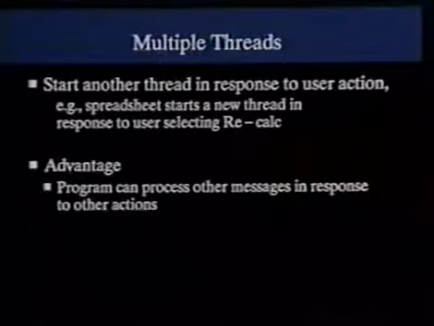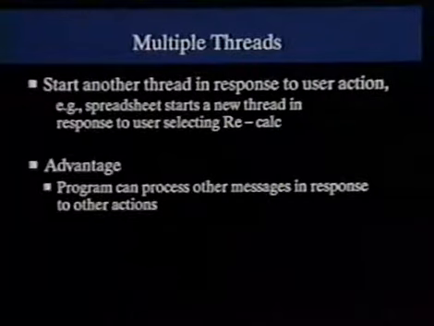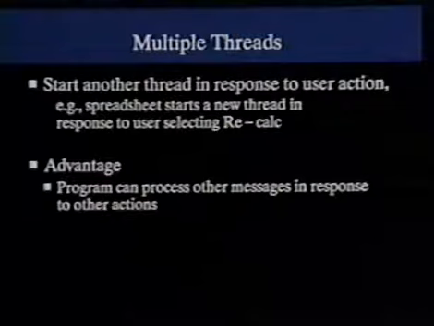So another aspect is the multiple threads aspect. Multiple threads is where you have another portion of your program, in response to some user action, that starts as a separate coroutine.